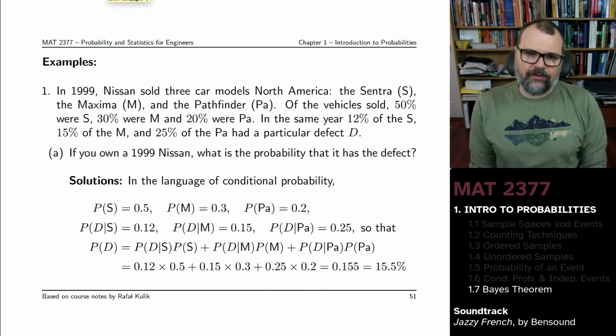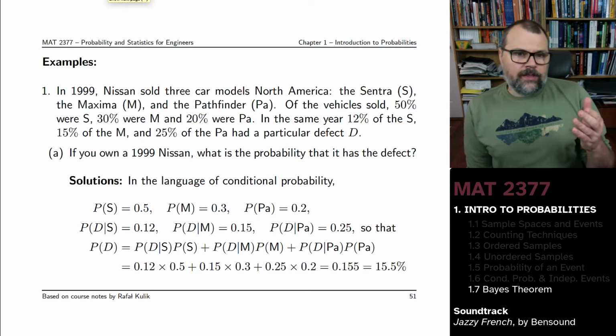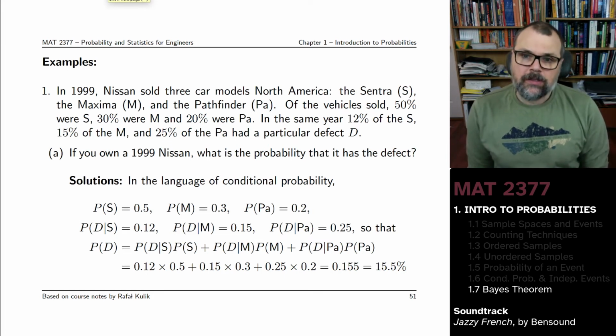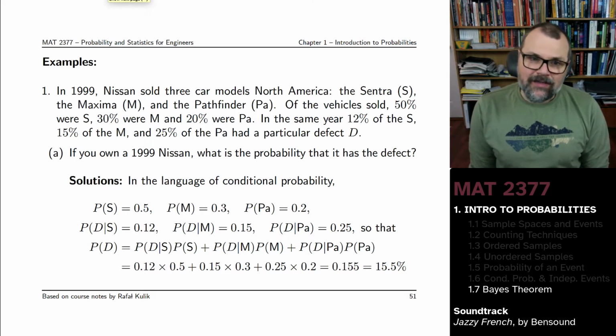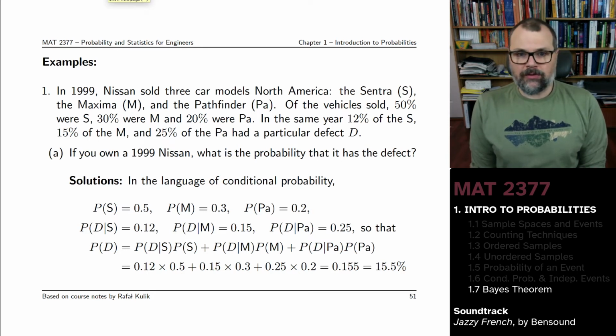So here's a question for you. If you own a 1999 Nissan, what's the probability that it has the defect? The way this is said screams we should be using the law of total probability because it doesn't specify which of the three models you own.